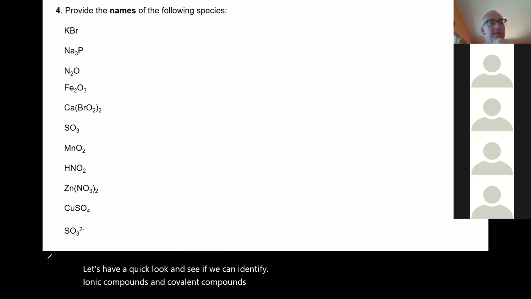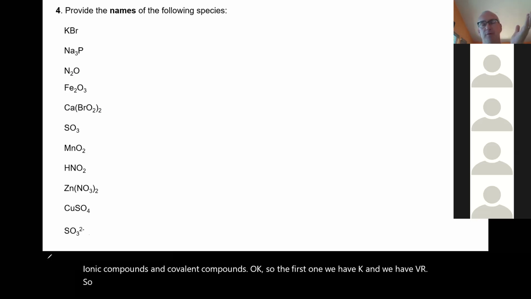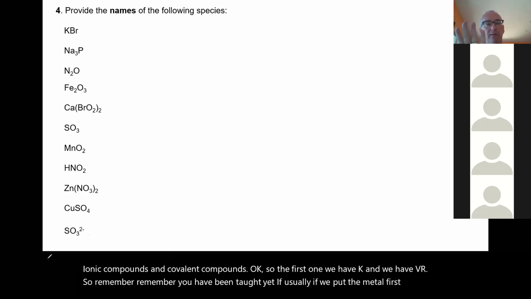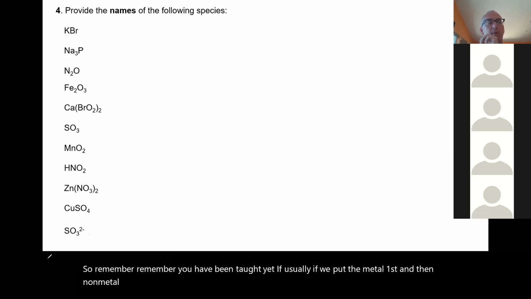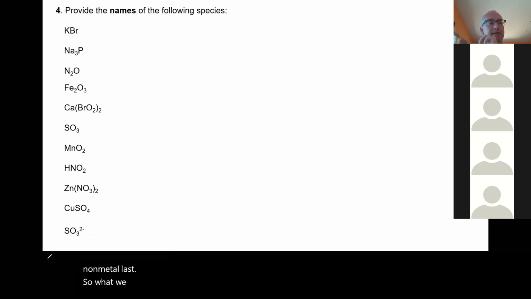So the first one, we have K and we have Br. So remember, oh, not remember, you haven't been taught yet. Usually we put the metal first and the non-metal last. So what we would ask is, is K a metal? Yes, it is.